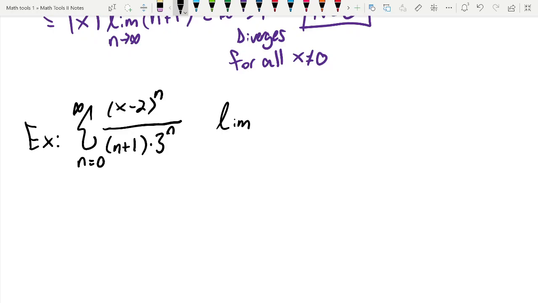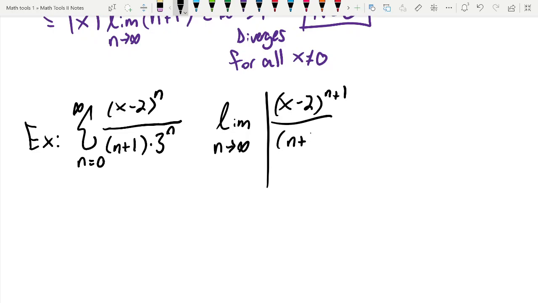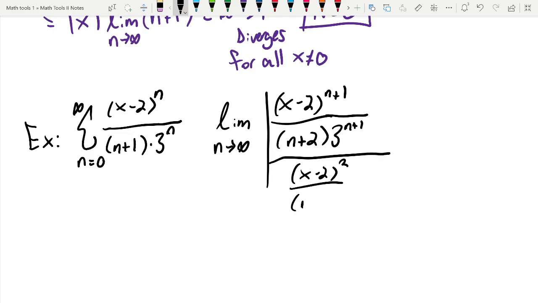So we're going to do the ratio test like we did before. So we're going to get x minus 2 to the n plus 1 over n plus 1 plus 1, which is n plus 2, times 3 to the n plus 1, over x minus 2 to the n over n plus 1 times 3 to the n.